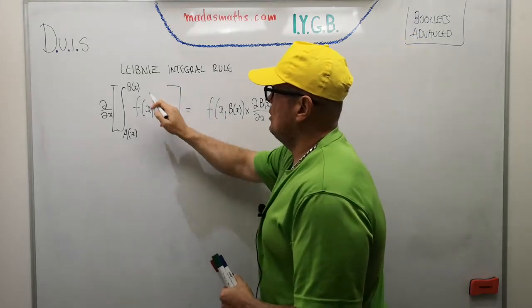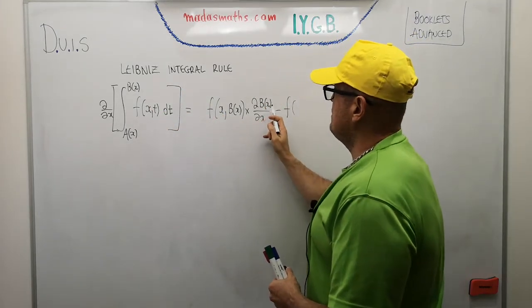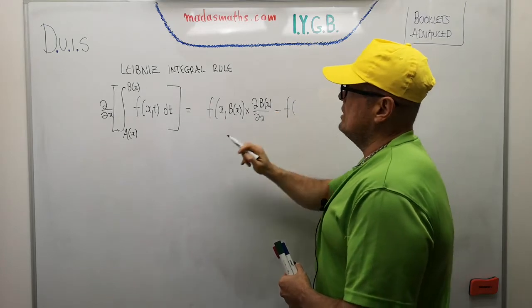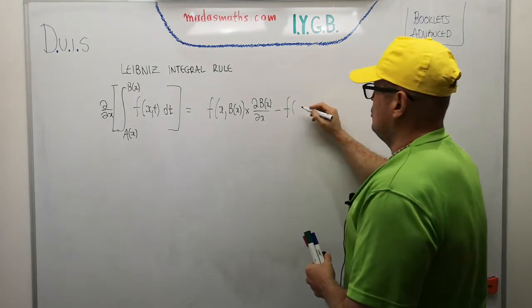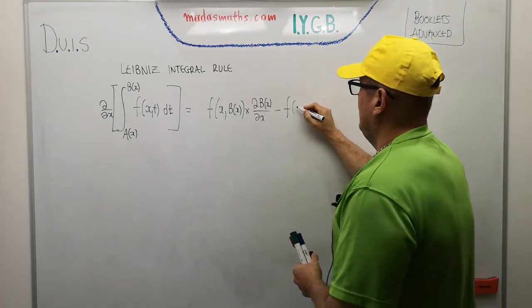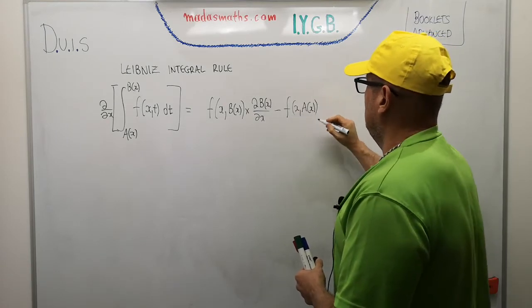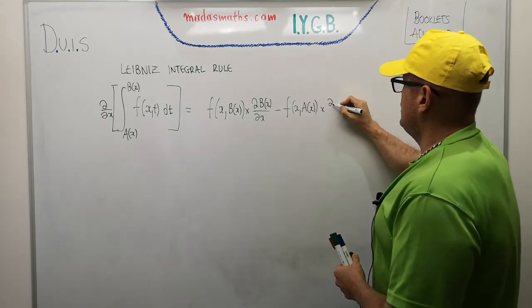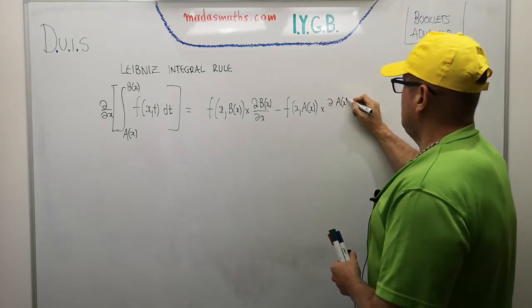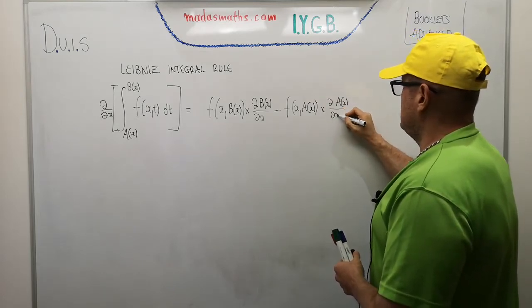I'm substituting my top limit for your t times, by the chain rule, the derivative of b with respect to x, and then I'm subtracting f of x, a of x times the derivative of a of x with respect to x.